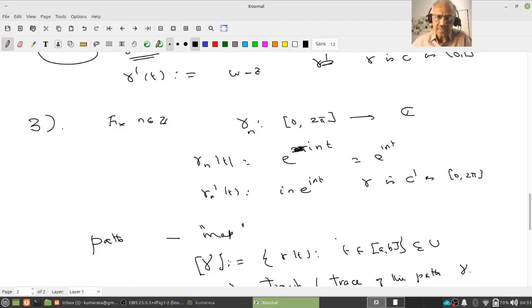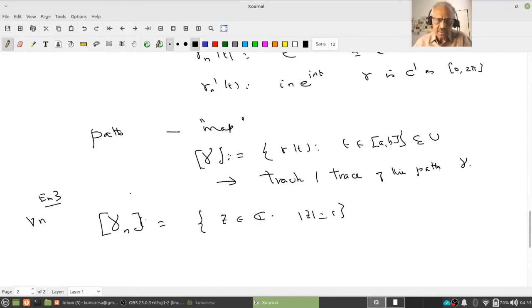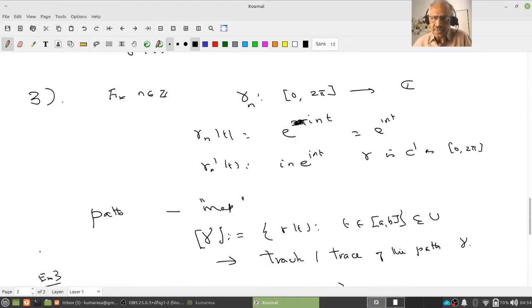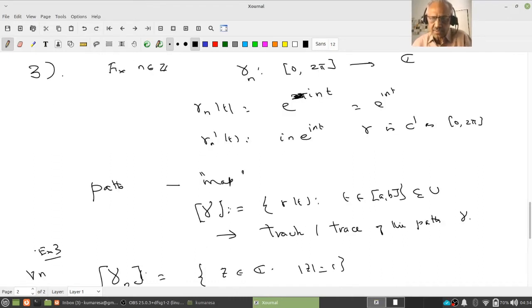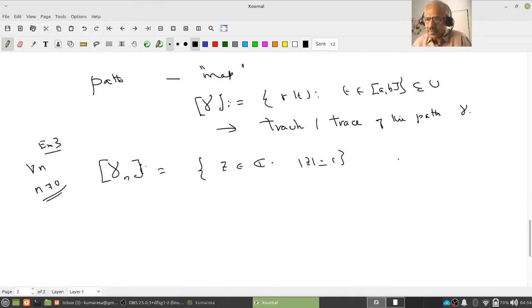You see that for each and every n except n equal to 0, because for n equal to 0 it is just e to the power 0, which is just constant 1, whereas gamma 0 is a constant path, constant path at 1. That means gamma 0 of t is 1 for all t. Do you see that?